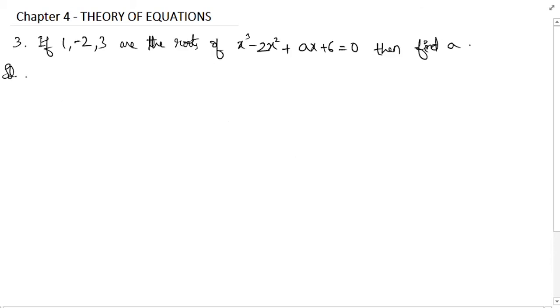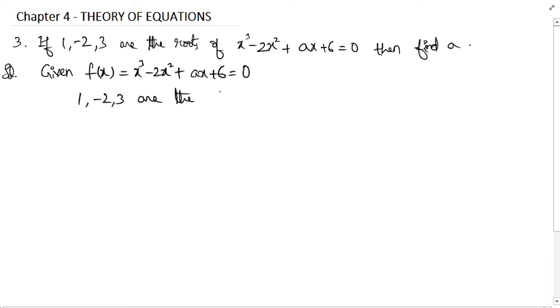So now the third one: if 1, minus 2 and 3 are the roots of the equation given, then find the value of a. So it's given that f of x is equal to the equation x cube minus 2x square plus ax plus 6 is equal to 0, and also given that 1, minus 2 and 3 are the roots of f of x is equal to 0.